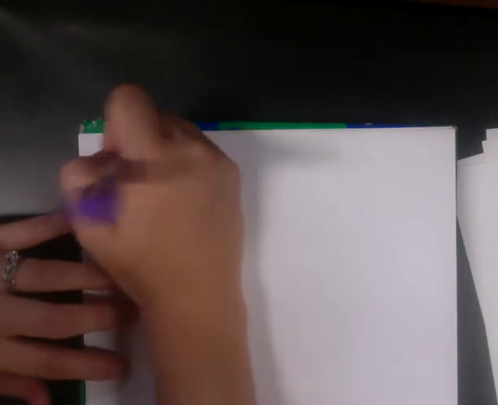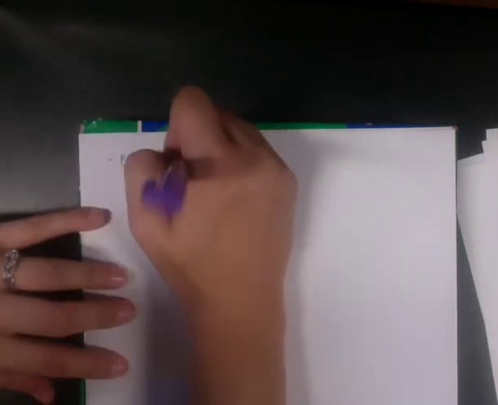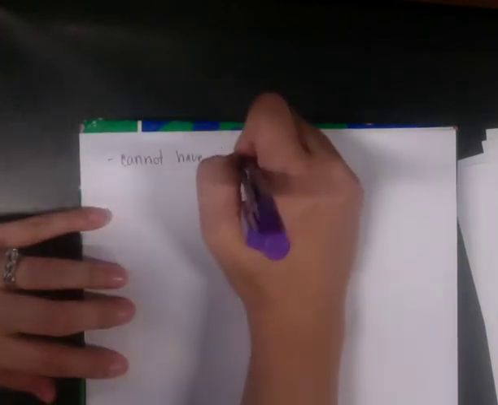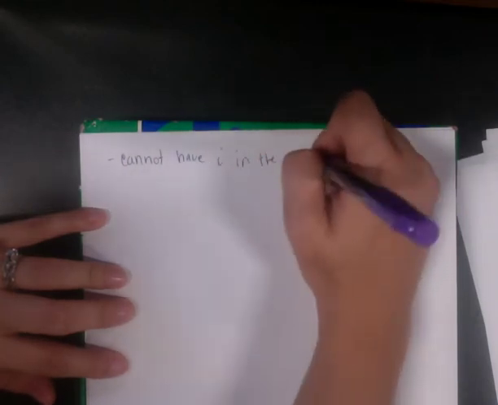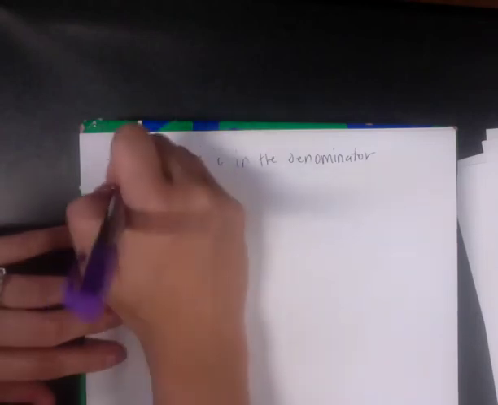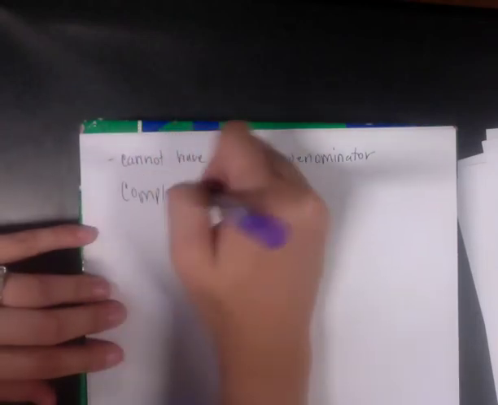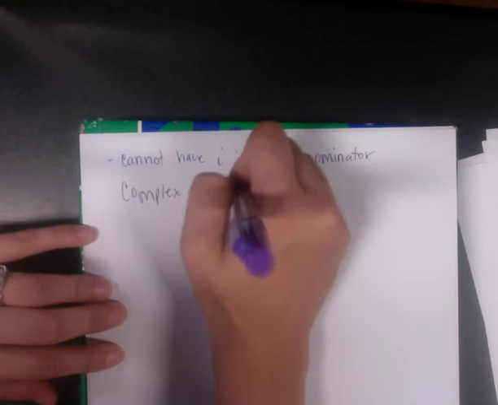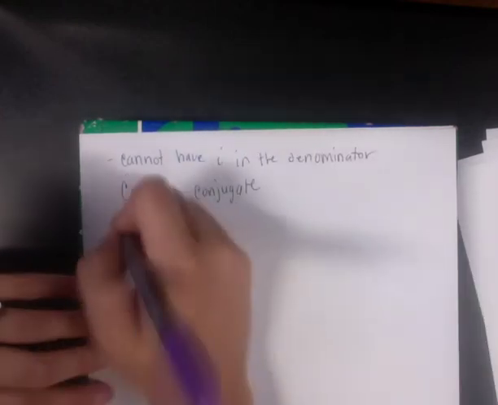Now, just as before, we couldn't have a radical in the denominator. We also cannot have i in the denominator. So, this is our complex conjugate. Okay, which is very similar.